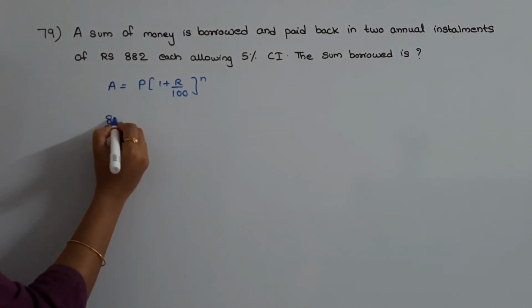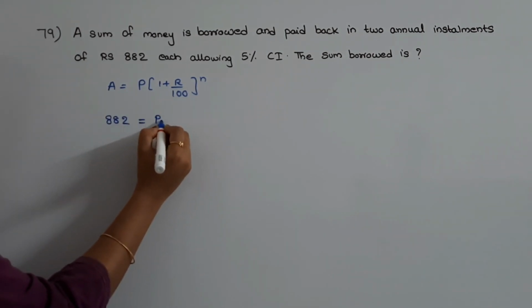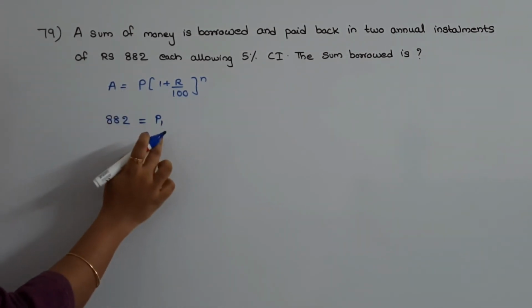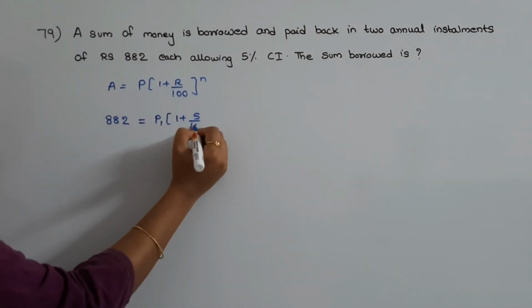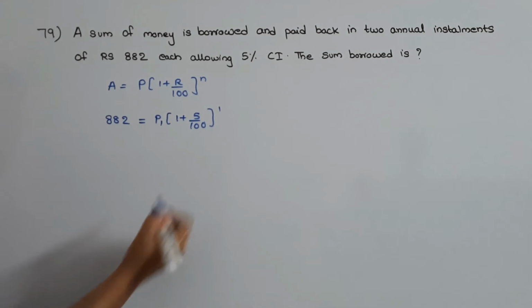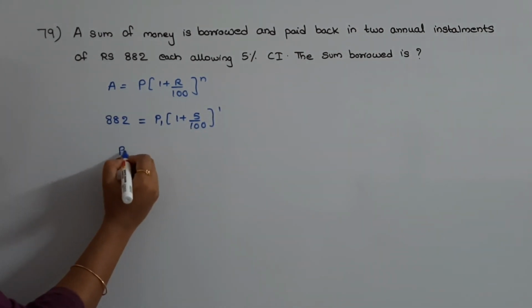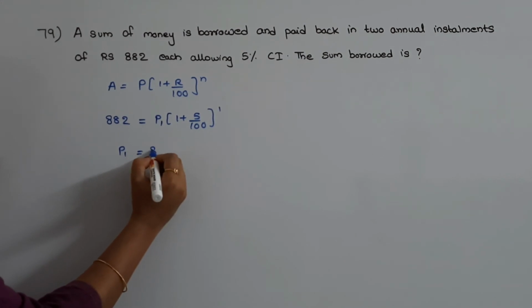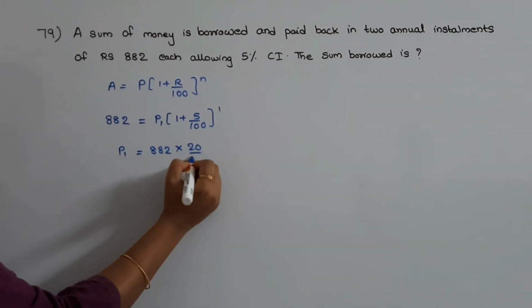So on substituting the values, we will get 882 is equal to P1, so let us consider this principal as P1, into 1 plus 5 by 100 whole raised to 1. So on solving this, you will get the principal as P1 is equal to 882 into 20 by 21.